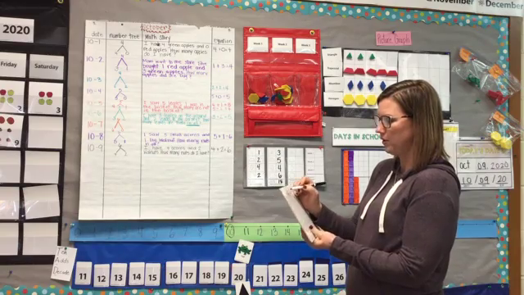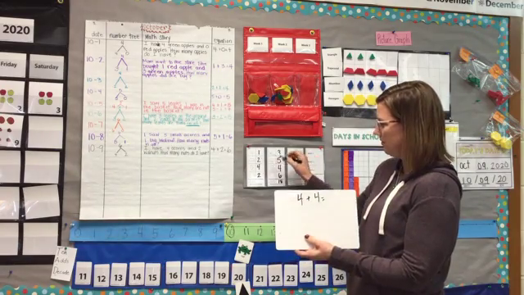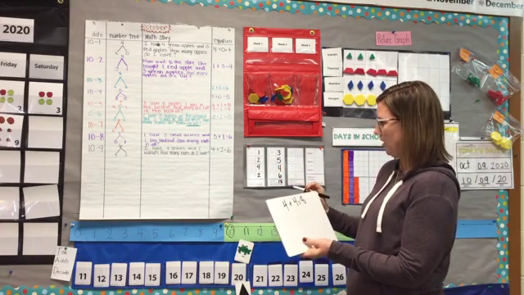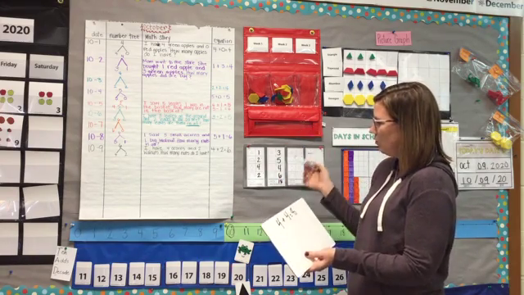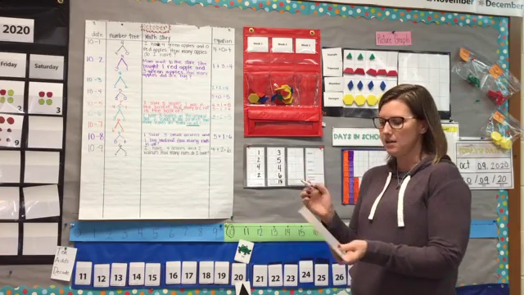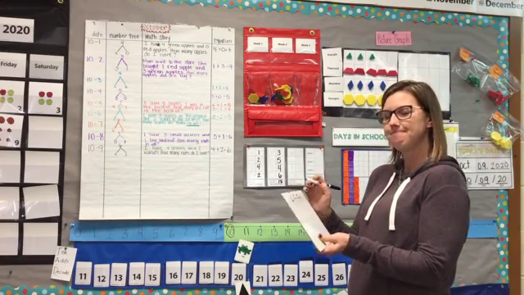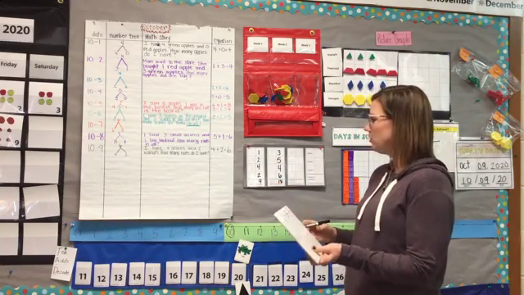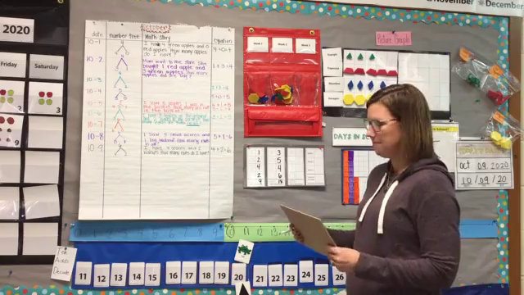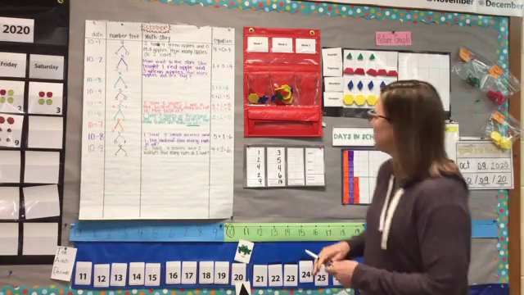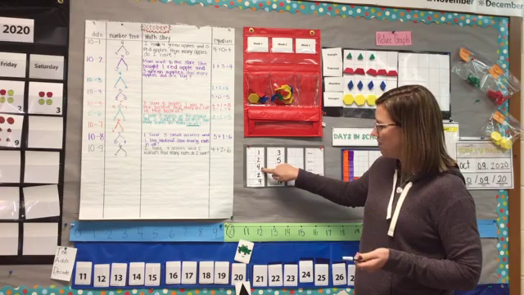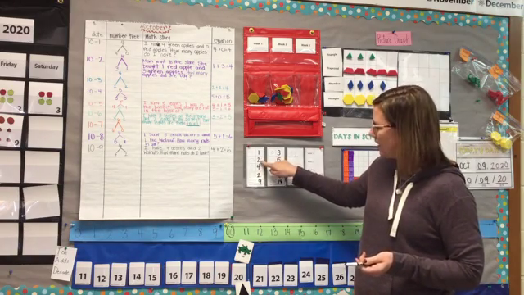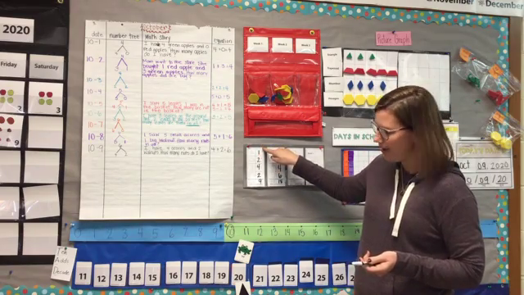Well, I know 4 plus 4, that's a double. That's 8. So now I added 4 more, and now I just have to add 1 more. Well, what's 8 plus 1 more? 9. So we had 9 total blocks in week 1, okay? And if I want to double check that, I'm gonna start with my big number first. 4, 5, 6, 7, 8, 9.